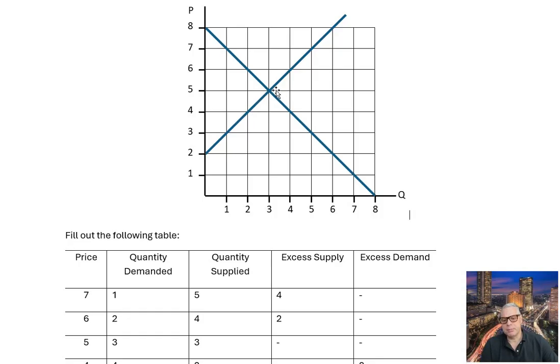And all those people to the left of the equilibrium quantity, which is 3, can sell and get more than what their willingness to sell is. So they will supply too. But to the right, so here, this is our equilibrium price, and here is our equilibrium quantity, which is 3.